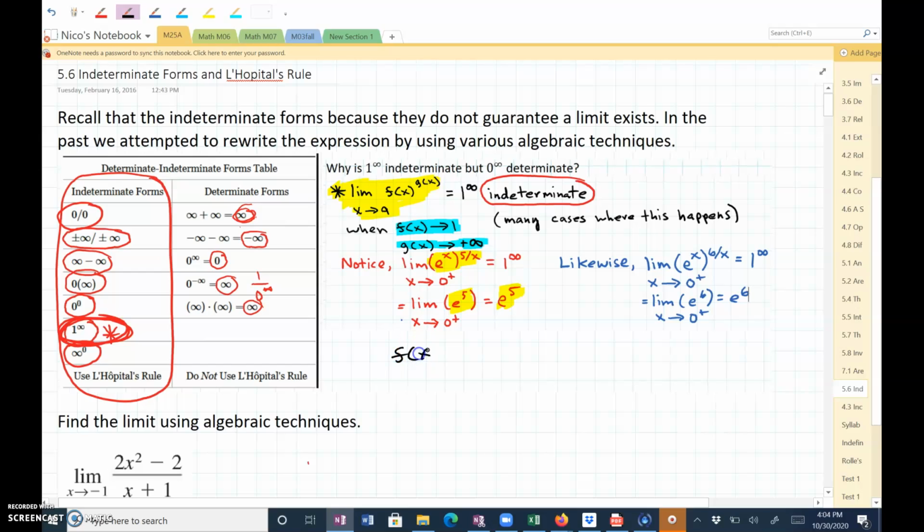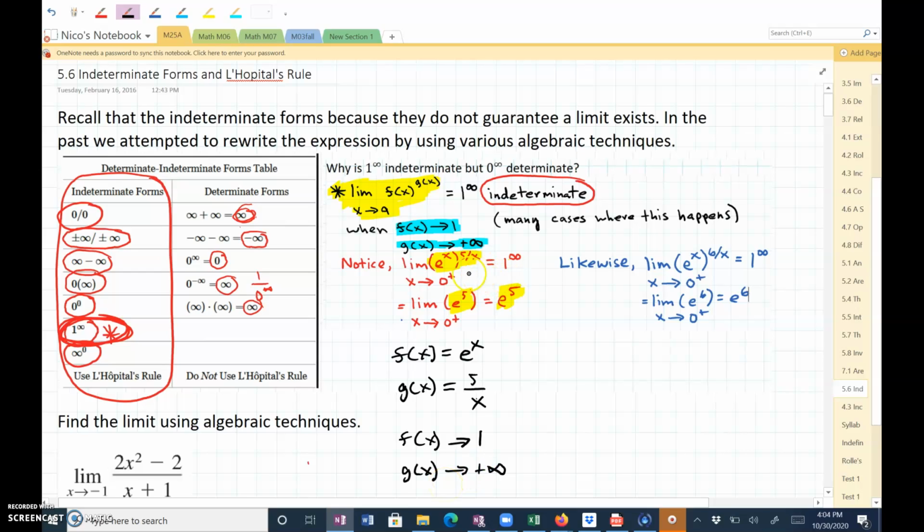So again, if f of x equals e to the x and g of x equals 5 over x, as f of x goes to 1, notice that g of x will approach positive infinity.